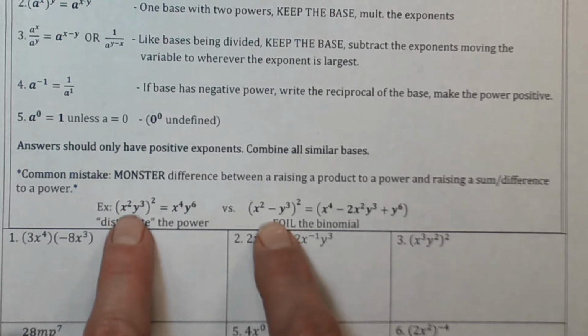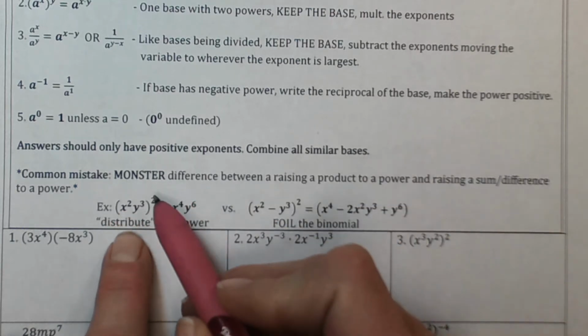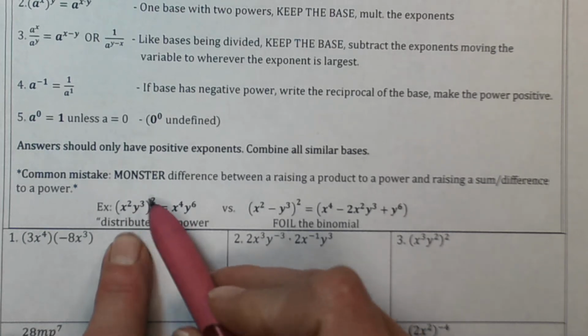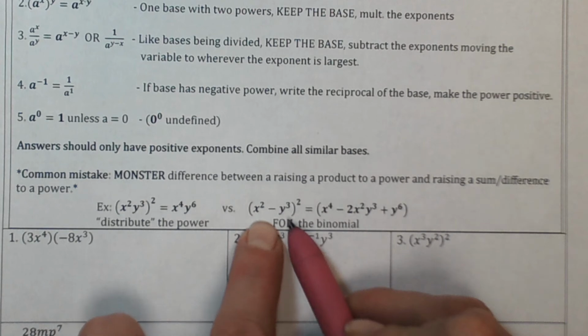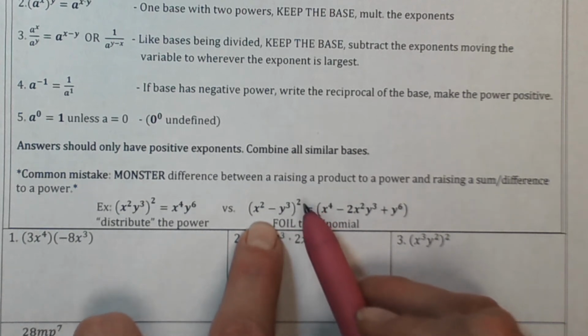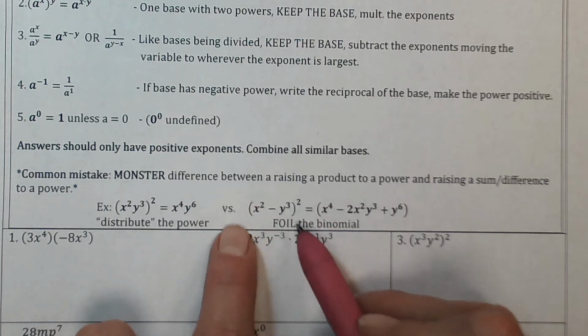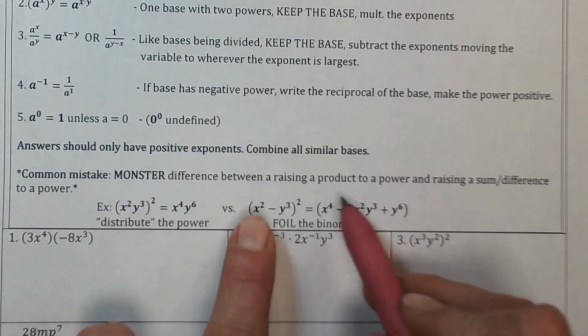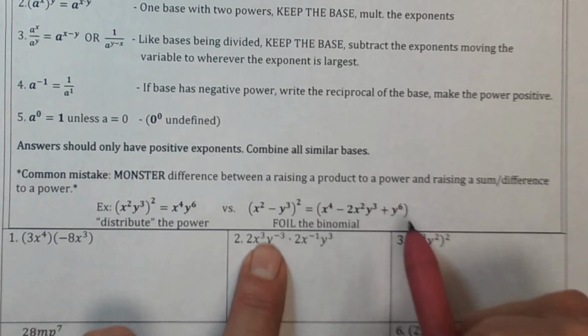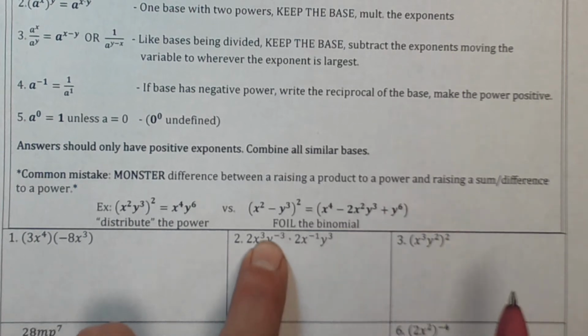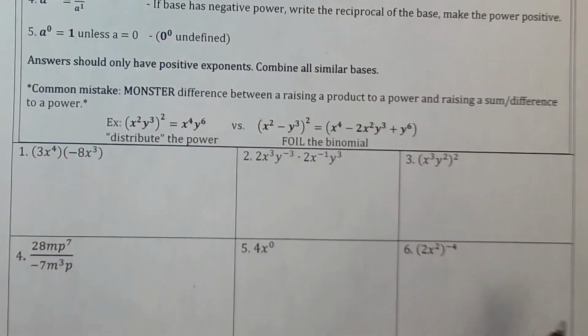When you have a product raised to a power, we distribute that power to everything multiplied inside. But that's not what happens when we add or subtract. Whenever we add or subtract and raise to a power, we have to FOIL. We write the binomial twice and FOIL it together to get the expanded trinomial. Now let's look at some examples.